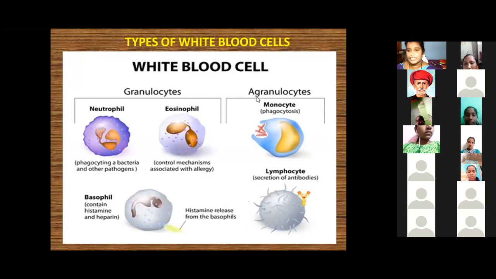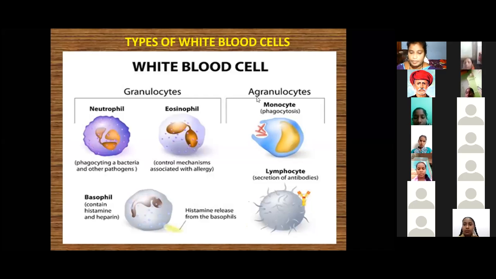See in this slide, granulocytes again have three types. Don't get confused, keep it in your mind. What is the classification of white blood cells? They have mainly two categories: granulocytes and agranulocytes.